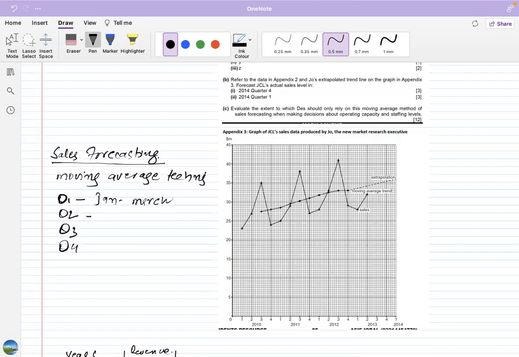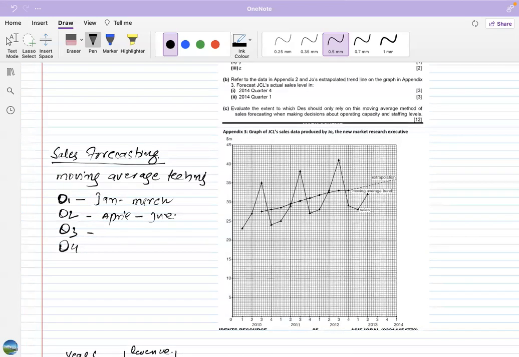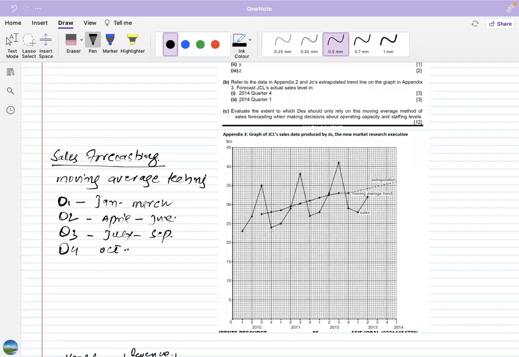Quarter number 2 is from April to June. Quarter number 3 from July to September. And quarter number 4 from October to December. So usually we divide a year into the 4 quarters. This is the way we solve it.